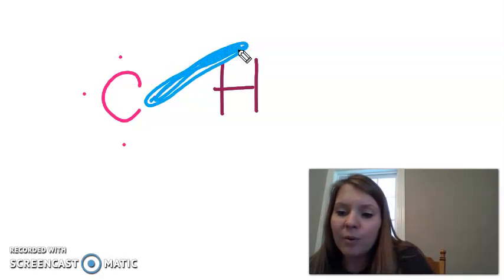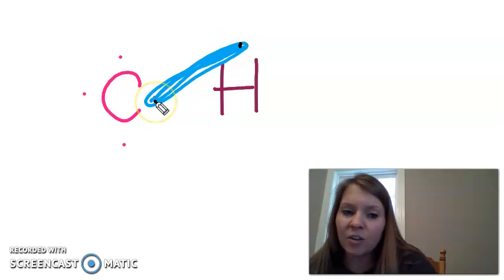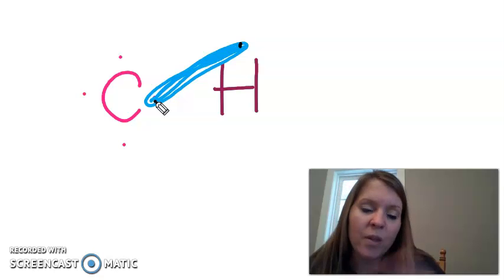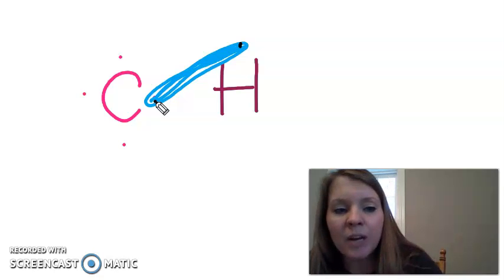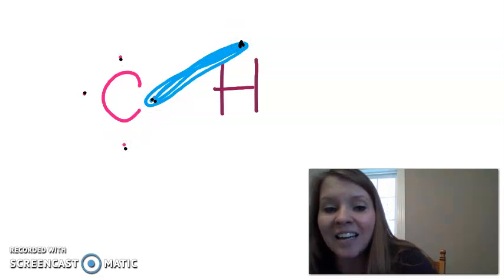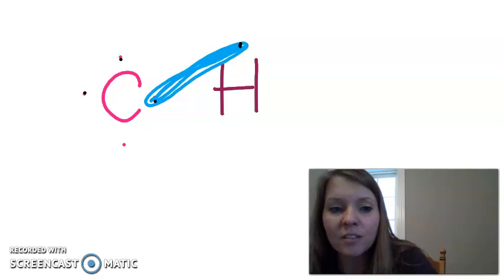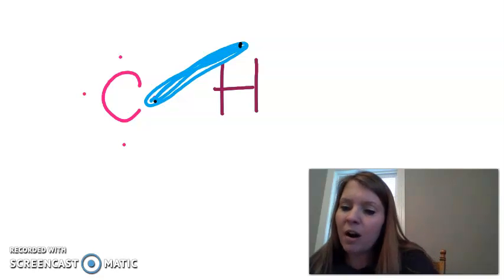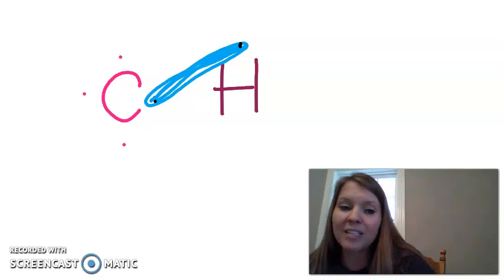If we were to count hydrogen's electrons, he has his 1, but he also has access to carbon's 1. So that makes 2. If we were to recount carbon's, we would have 1, 2, 3, 4, 5, because now he has access to hydrogen's. But now this hydrogen's stable, but carbon is not, because carbon wants 8.